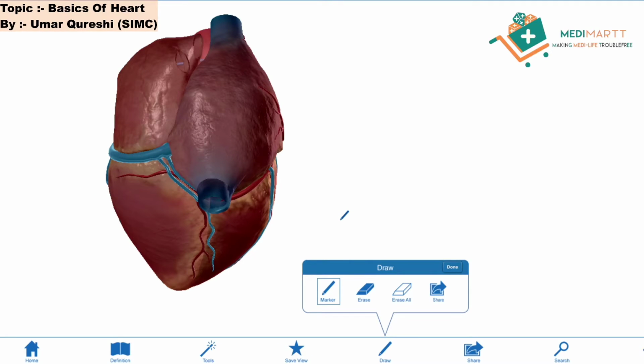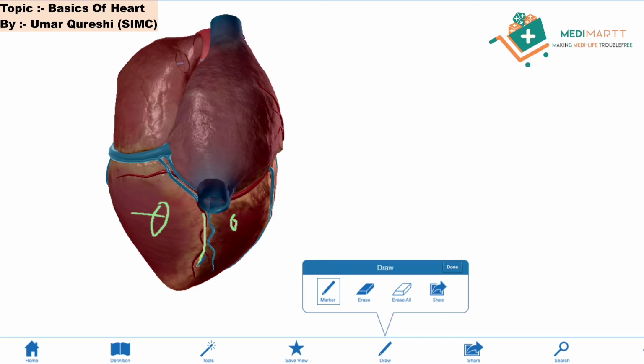The features of the diaphragmatic surface begin with the posterior interventricular groove. As we all know, there was an interventricular groove on the anterior side, called the anterior interventricular groove. And what is the interventricular groove? Basically the interventricular groove separates the two ventricles, right and left, so that's why it is named the interventricular groove.